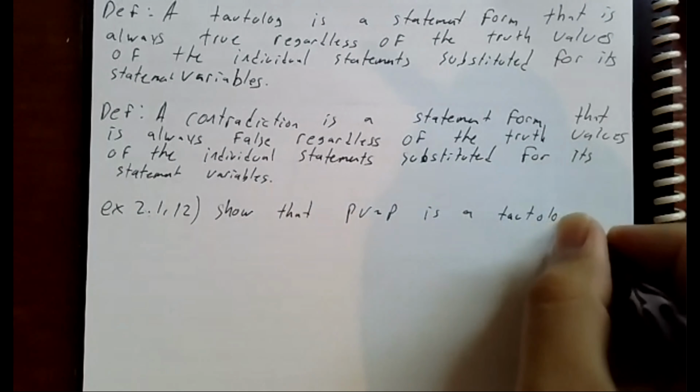So P and not P, so true and false, false. False and true, false. So that shows us right here all false, right? Therefore, contradiction.